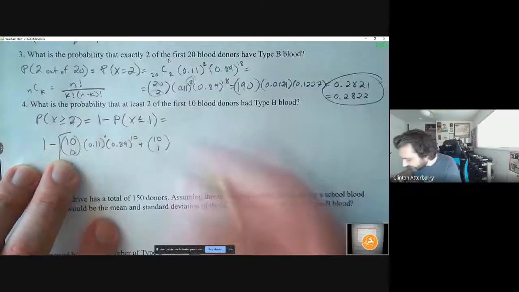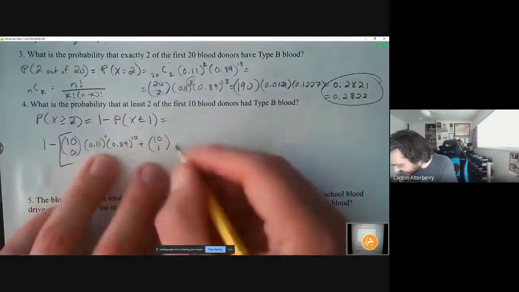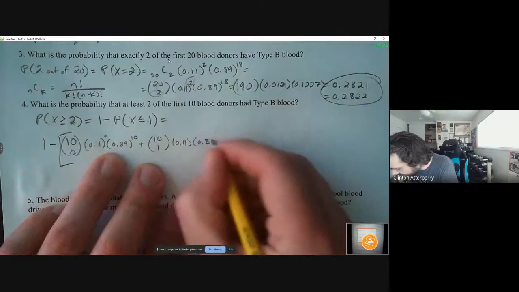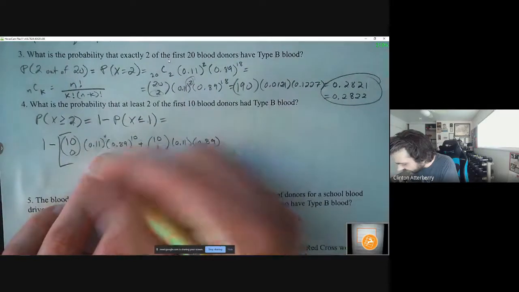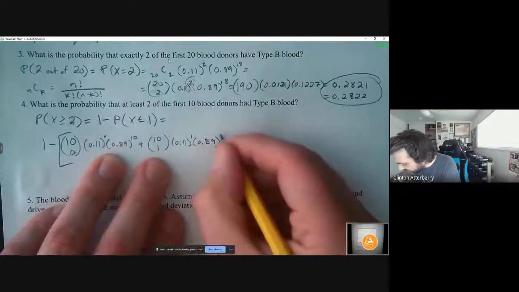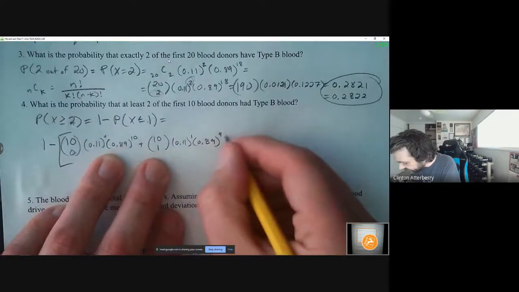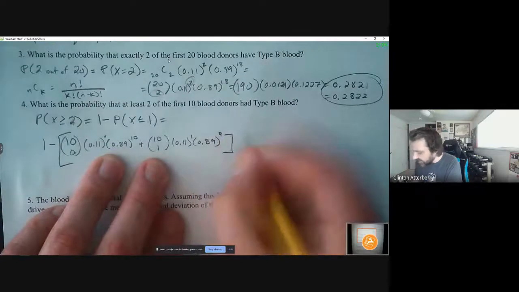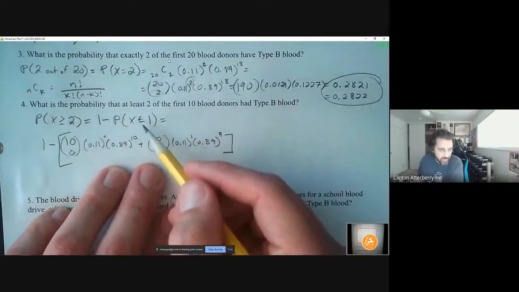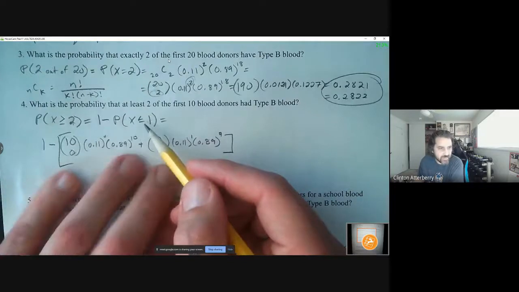All right, so success, my P is still 0.11, my failure is still 0.89. And once again, those numbers have to be the same. So if that was a 0, this is 1, so that's the first power, and that's going to be the 9th power now. And I'm going to close that off because it said just less than or equal to 1. For these probabilities, we're only using positives and zeros, so 0 and 1.